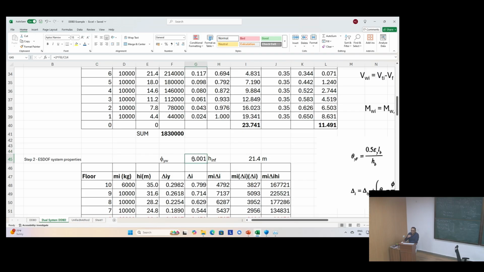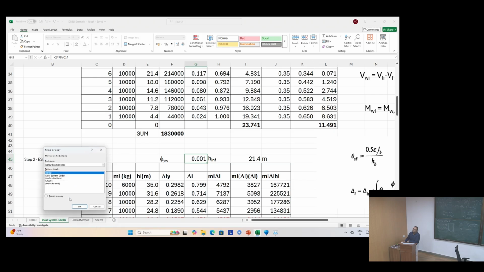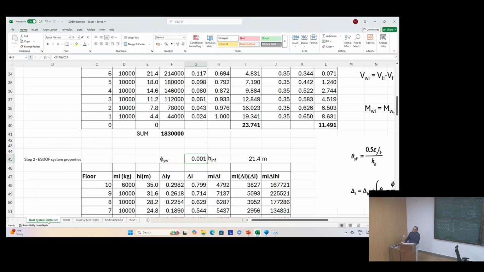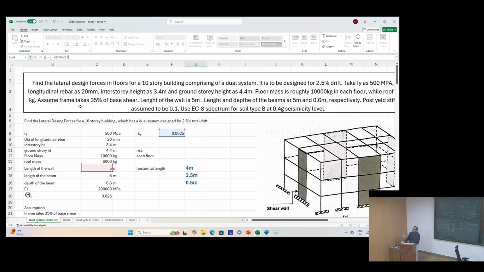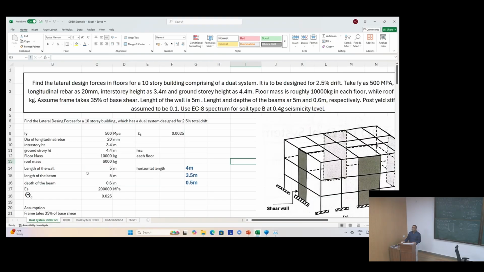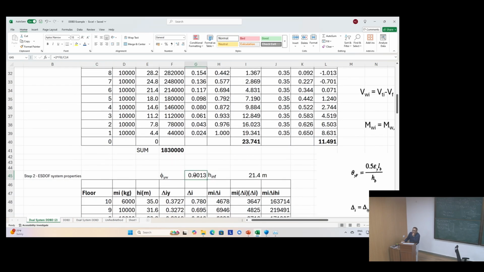Length of wall is changing, so 5YW will change. What is your new 5YW? 5YW is 10 1 to 5.